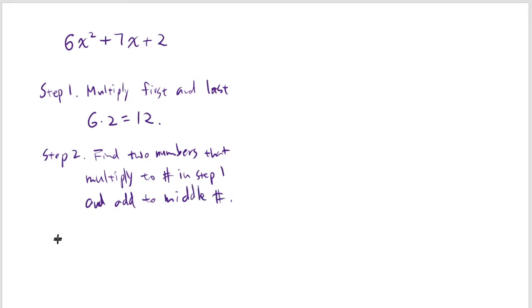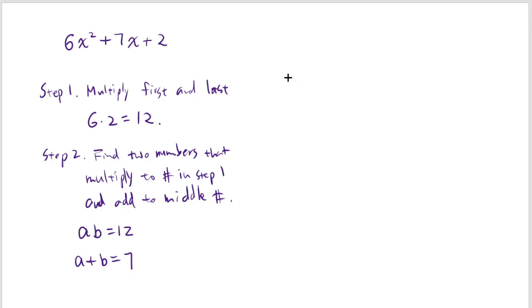So in other words, you want two numbers a and b whose product is 12 and whose sum is the middle number, in our case 7, right? Now notice that a times b is a positive number, so either both are positive or both are negative. But since their sum is positive, we're looking for two positive numbers.